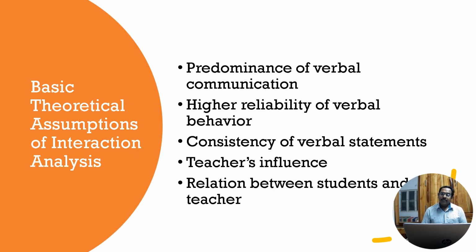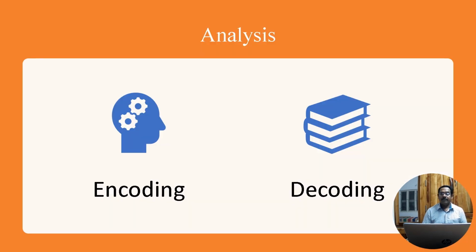The theoretical considerations of this analysis system are: the classroom consists mostly of verbal communication, the high reliability of verbal behavior, the consistency of the verbal statement, teacher influence, and the relation between teacher and student. These are the theoretical assumptions of this analysis.